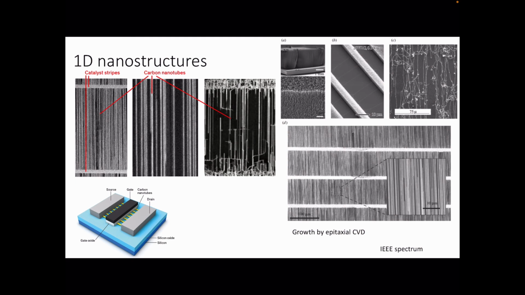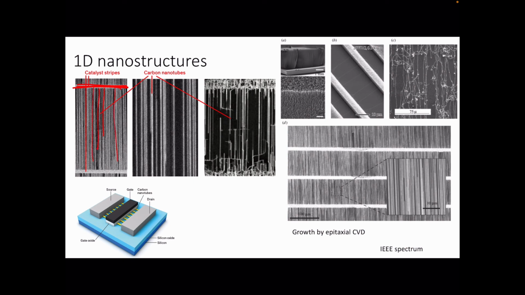Now that we have seen how 2D structures are made, here is an example of how you can make 1D structures. Carbon nanotube is one of the most famous 1D structures. The most common way to grow it is to have catalyst lines, right? So you have metal catalyst and then you pass methane. You can see very well aligned vertical nanotubes.